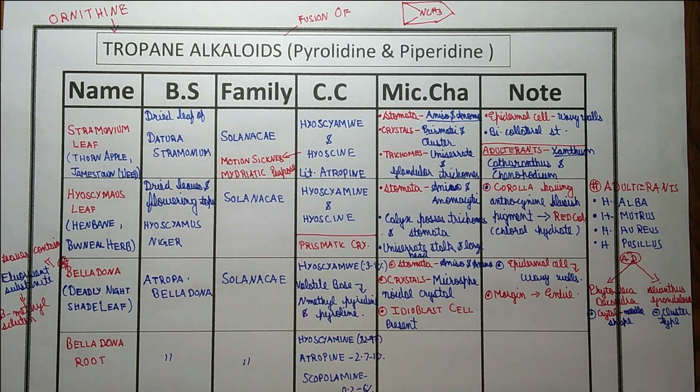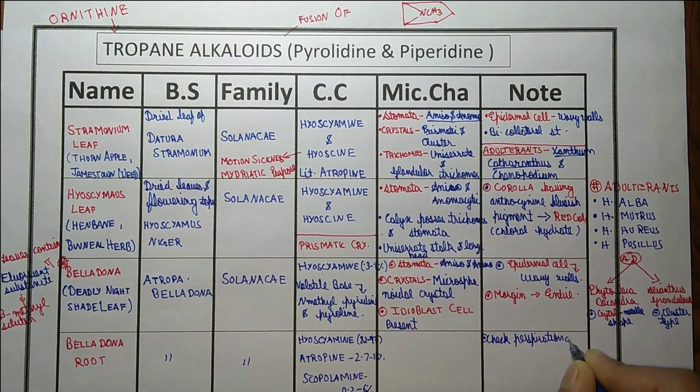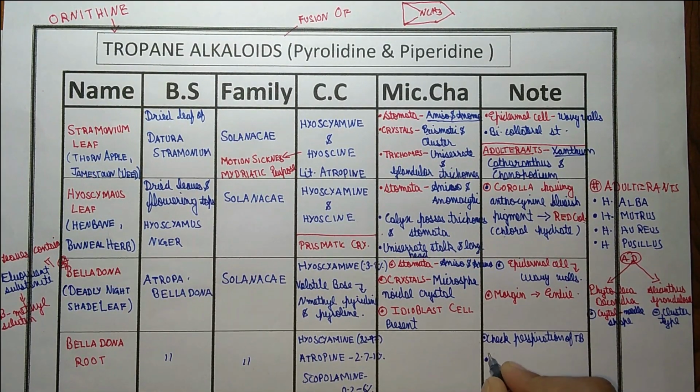And its uses are to check perspiration of TB, and as an antidote of opium.